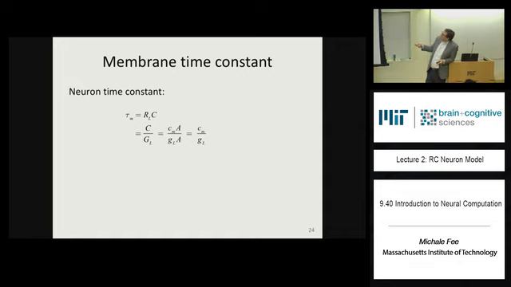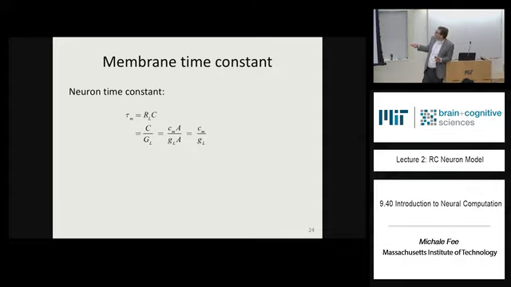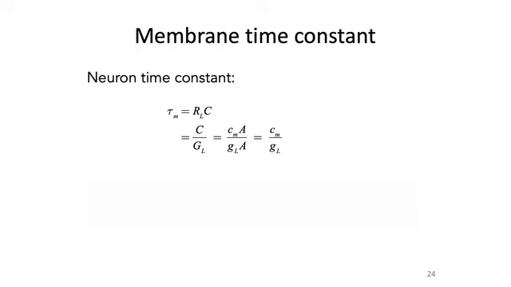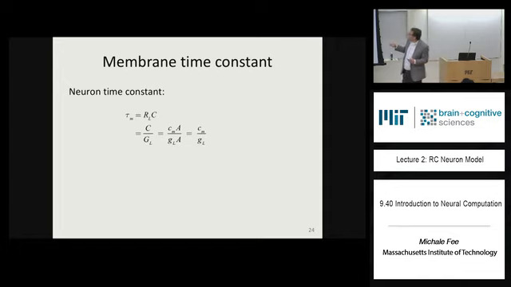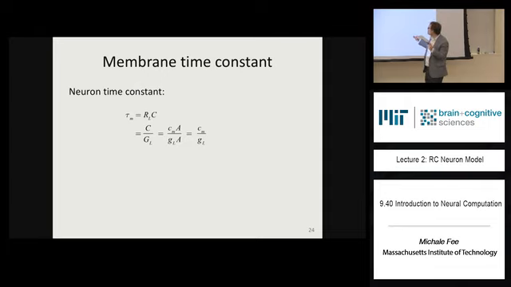But you can rewrite this capacitance as capacitance per unit area times area. You can rewrite that conductance as conductance per unit area times the area of the cell. And the areas cancel. And so the time constant is just the capacitance per unit area of the membrane divided by the conductance per unit area of the membrane.